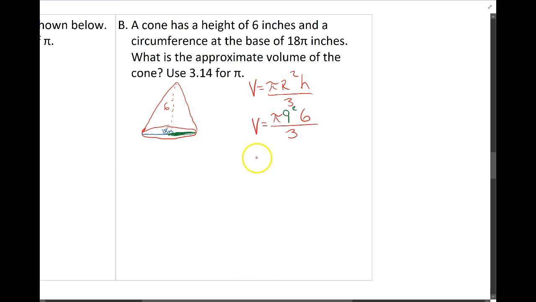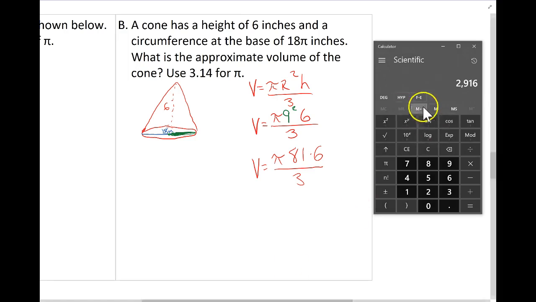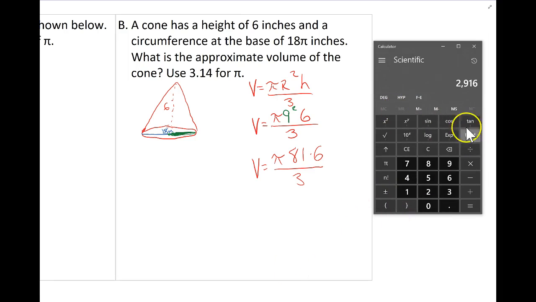So now I say, great, let's carry some of this out. Volume is equal to pi. Pi is always pi. 9 squared is 81 times 6, all divided by 3. And again, I'm dividing by 3 because it's a cone. So I come in here and I say, well, 81 times 6 is 486.